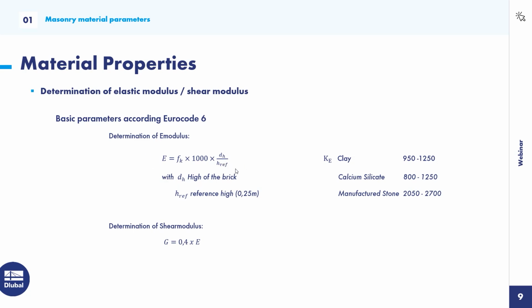For small stones, for historic stones, you can add a factor, a small reduction of the E modulus, according to the height of the brick and reference height. The shear modulus is quite easy because this is 40% of the E modulus in this direction. So this is all for the first part, and here I want to switch to the program.